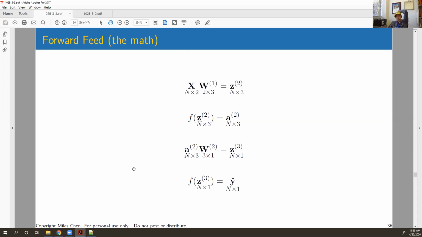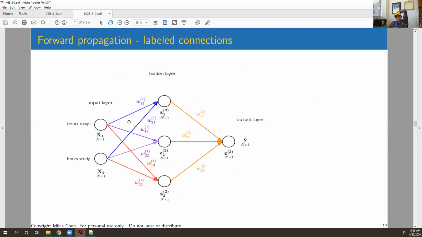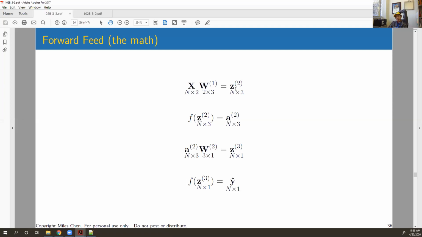All right, so let's just review how forward feed works. We do x times w to give us our z values. Let me come back to this picture. We have our input matrix x. We multiply it by our w matrix, and that gives us our z values. So x times w is z. Then we apply the sigmoid function, the activation function, to z.